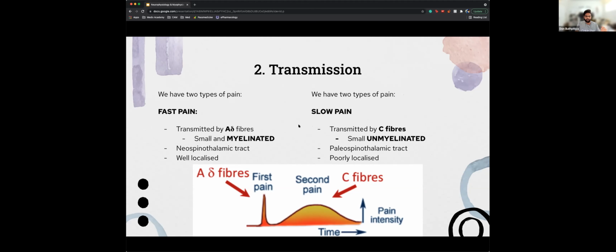What's the first sensation that they have? How's that transmitted? Rather than asking about the individual types of fiber. And yeah, our C fibers are poorly localized. So like the diagram down here says, the first pain will be from A delta, whilst the second pain will be from our C fibers.